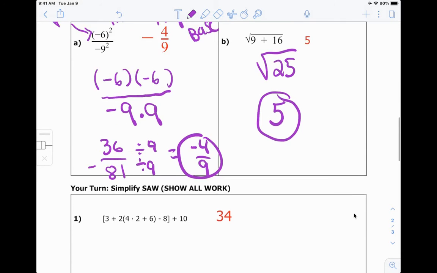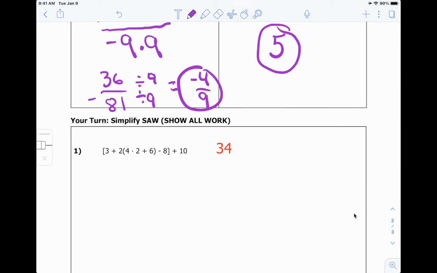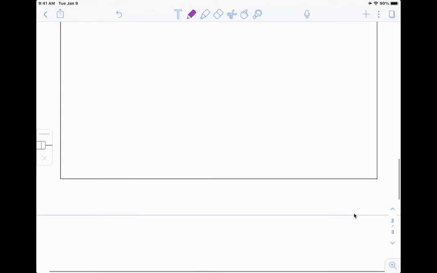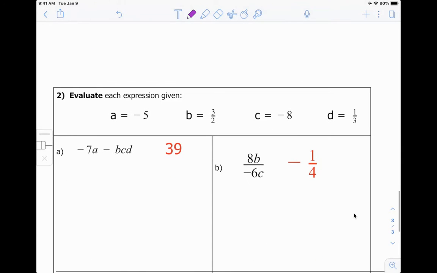I'm going to ask you to turn your video off and try the Your Turn problems. We have problem number 1. And I just want to remind you that SAW means show all work. And then we go on to problem number 2, where we're going to evaluate. And that means to substitute in and to actually do the math to get the answer.